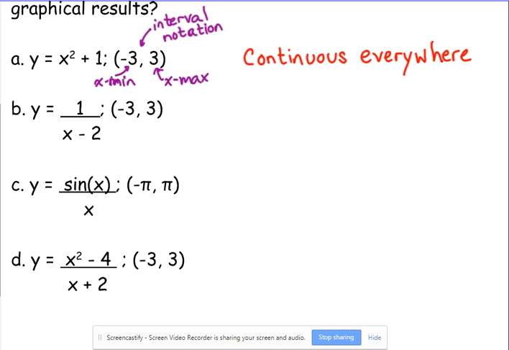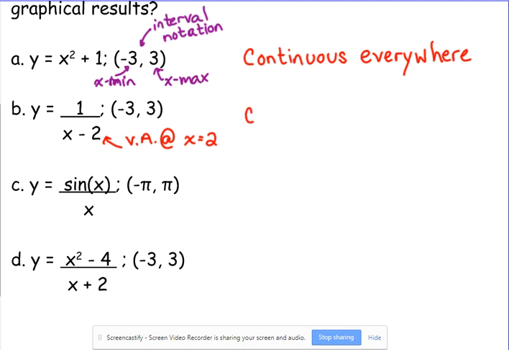Example B, y equals 1 over x minus 2 from -3 to 3. Hopefully it's pretty obvious to you that there's a vertical asymptote at x equals 2. You probably need to go and brush up on those rules on holes and vertical asymptotes and horizontal asymptotes from pre-calc if you don't remember, because they're very, very important, especially when we're talking about continuity.